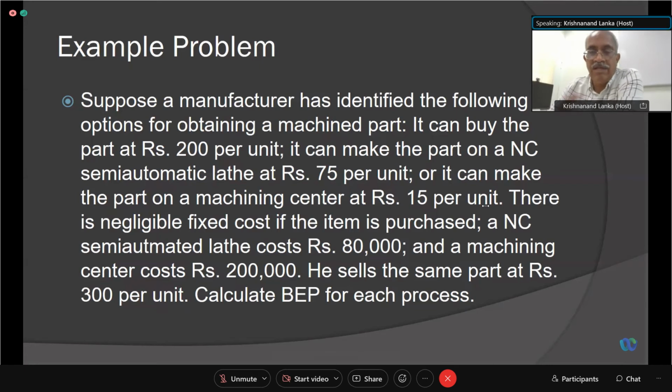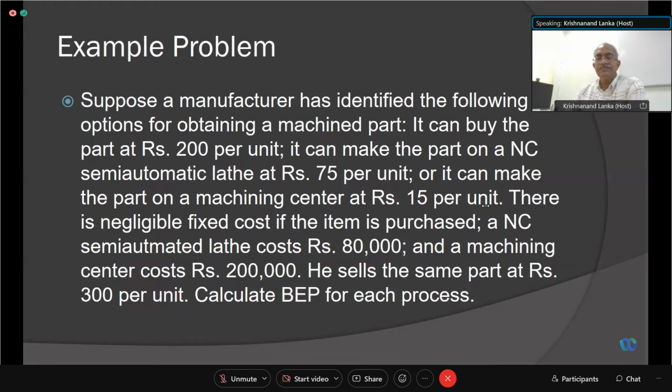Anyway, this 80,000 or 2 lakhs, they are fixed costs, that include yearly depreciation, insurance, whatever the fixed costs that are part of that particular machine.